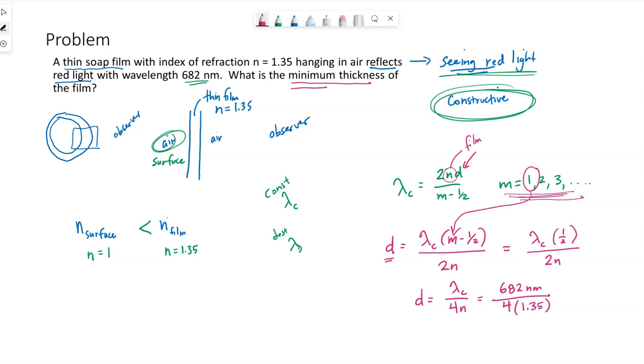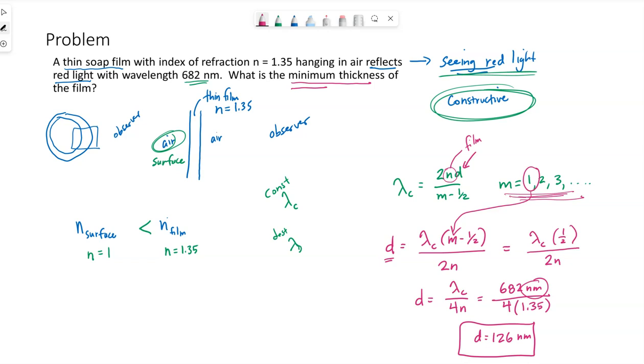I'm getting 126. And my units will be nanometers because that's what my wavelength was in. Index of refraction does not have units. Okay, so notice n of the surface is not used to actually calculate.